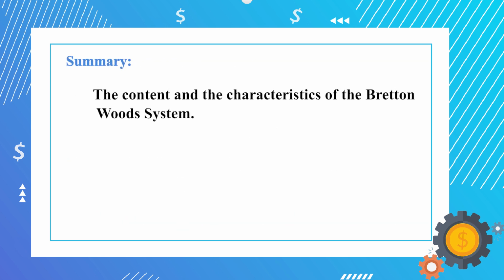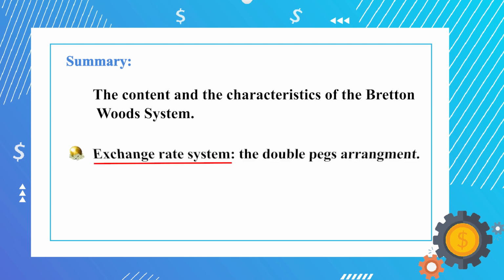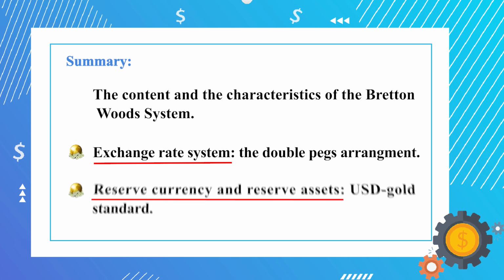In this part, we studied the content and characteristics of the Bretton Woods system. From the aspect of exchange rate system, it is a double peg arrangement. From the aspect of reserve currencies and reserve assets, the system is a US dollar gold standard.